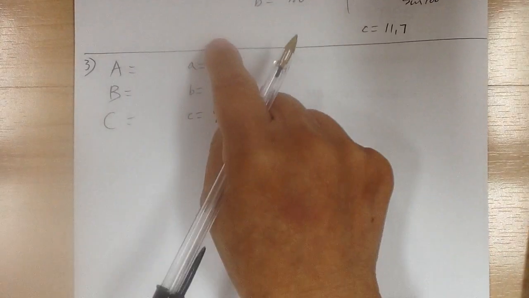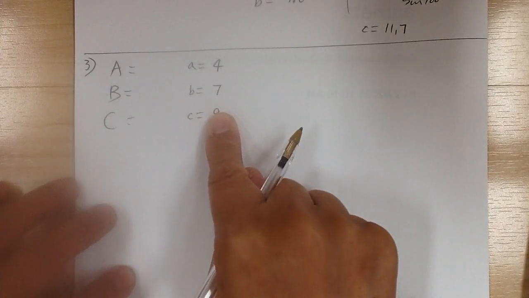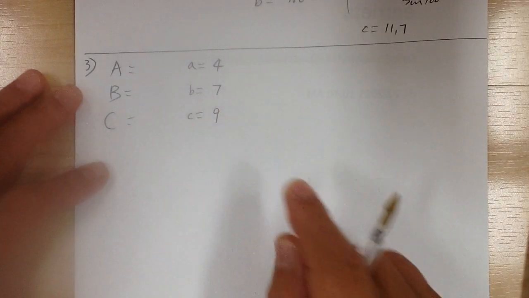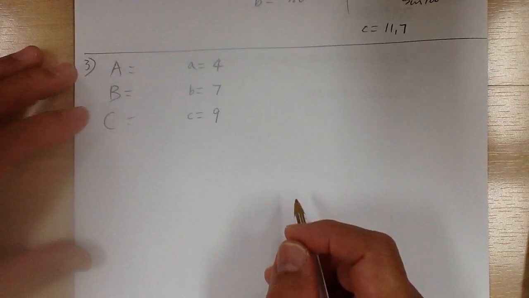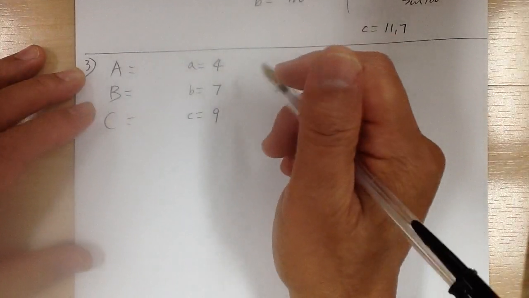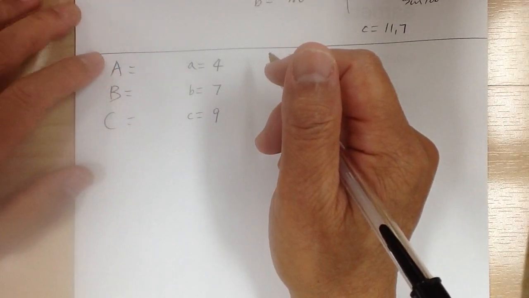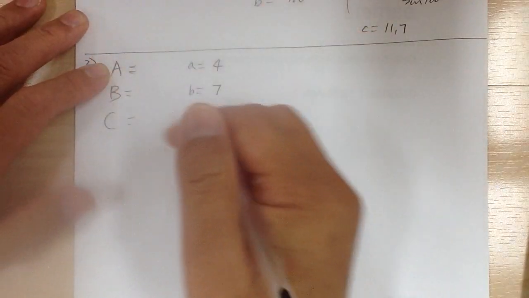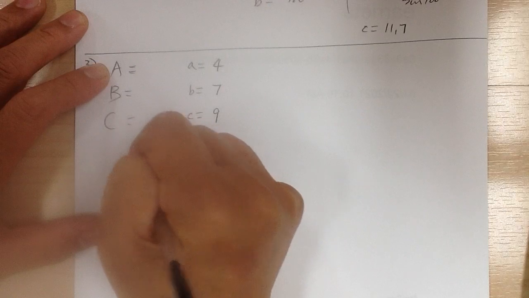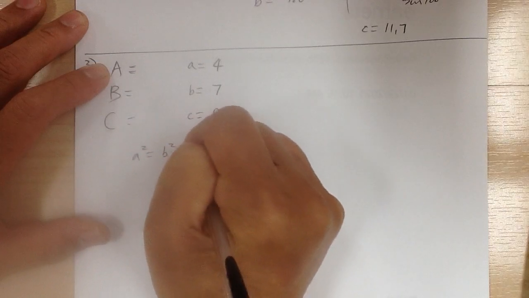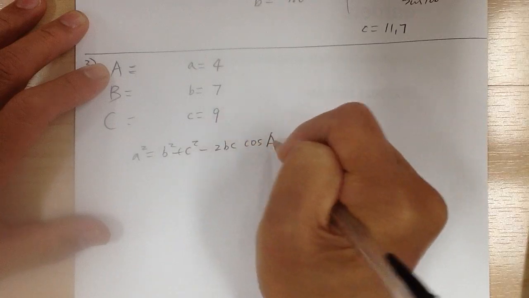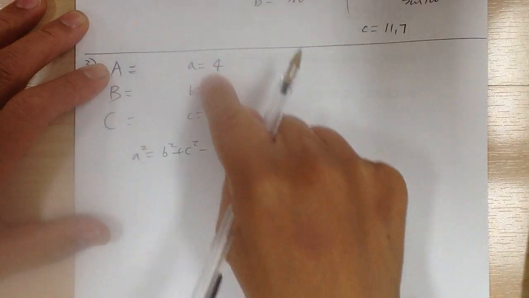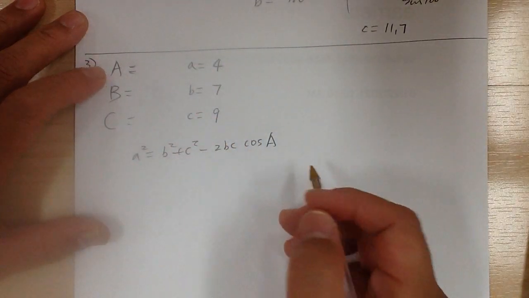When all three letters are different, you want to use the law of cosine. Let's go and look for the smallest angle. So you get a squared equal to b squared plus c squared minus 2bc cosine of A. Again, when all the given letters are different, you want to use the law of cosine.